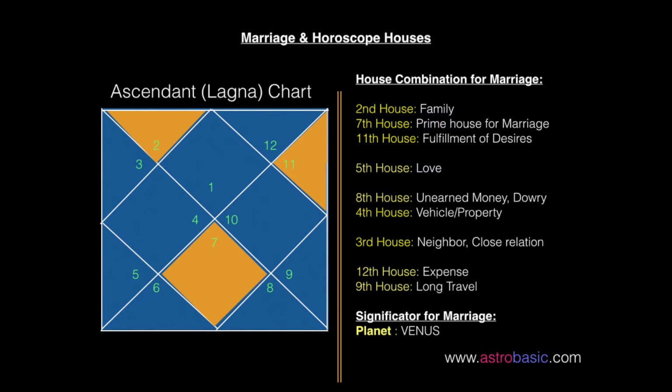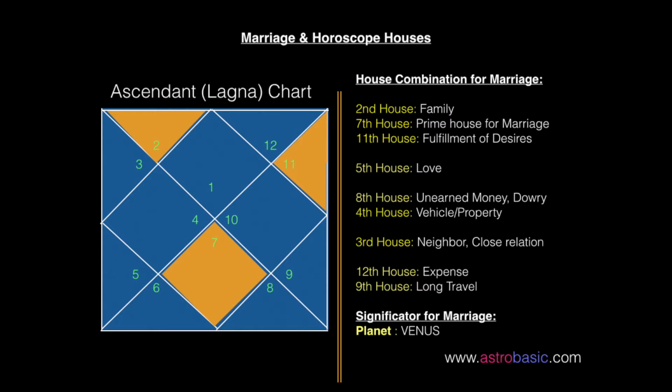So today's topic is marriage and the horoscope houses: the houses which impact marriage, meaning the marriage event or marital life. The first thing that comes for marriage is the 7th house.